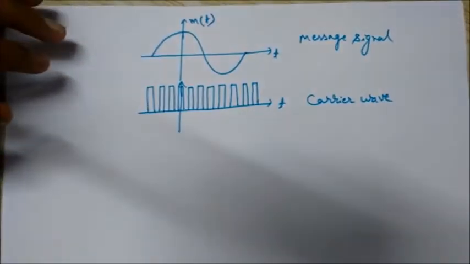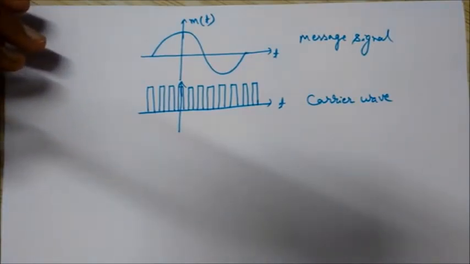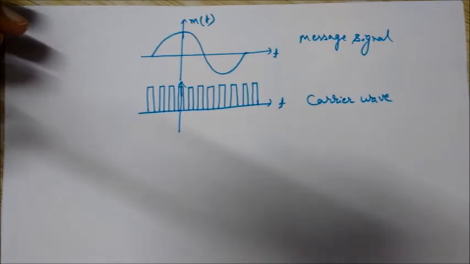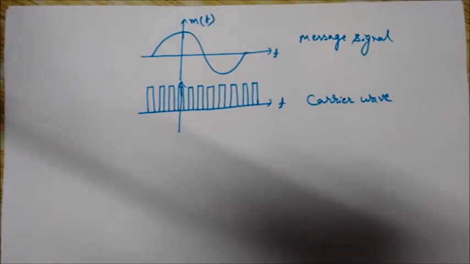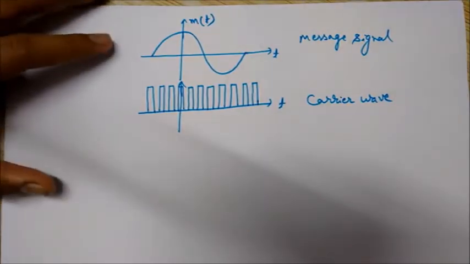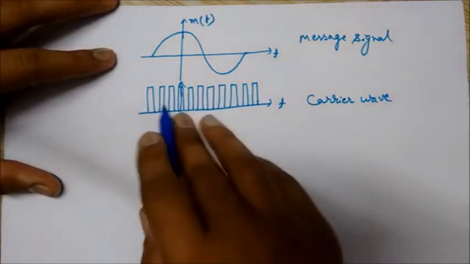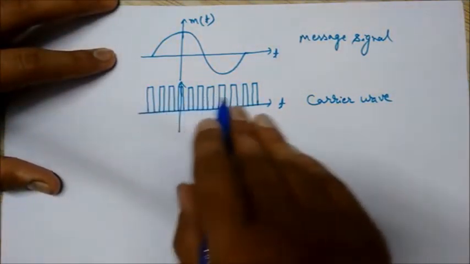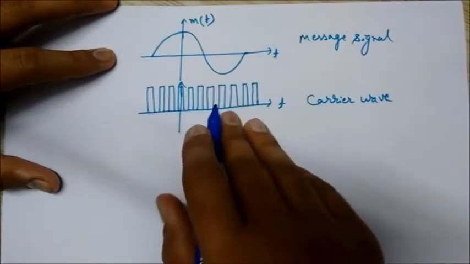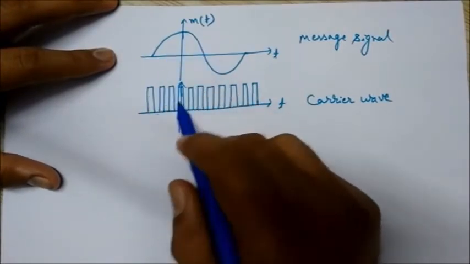You know that in pulse position modulation, the position of the pulsed carrier wave is varied according to the message signal value. So we will now vary the positions of this pulsed carrier as per the message signal.